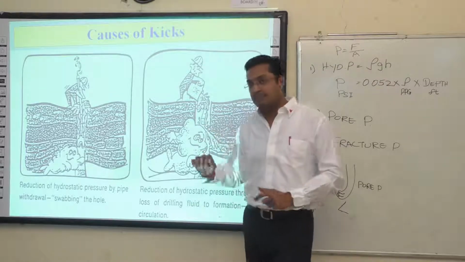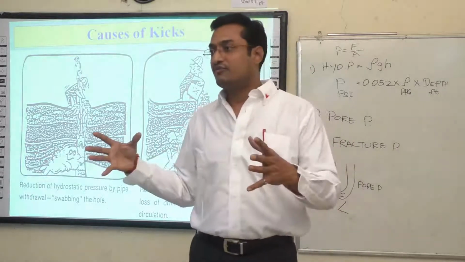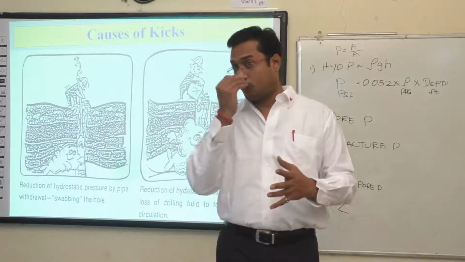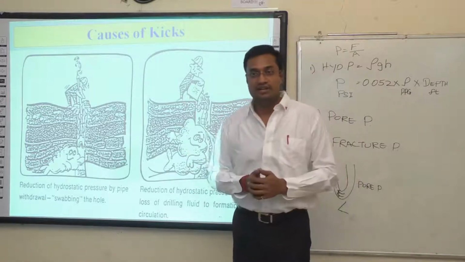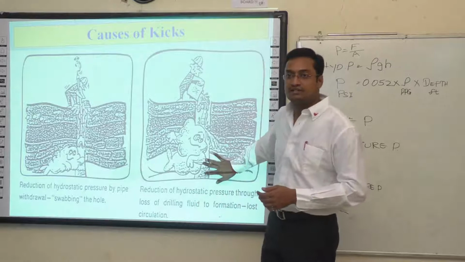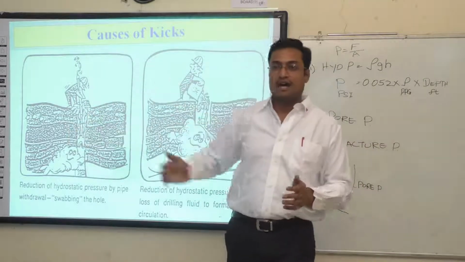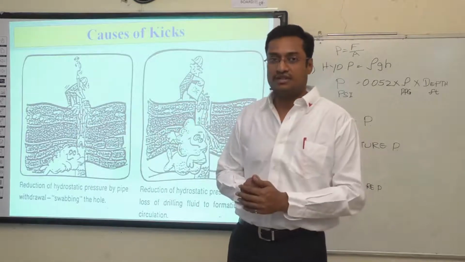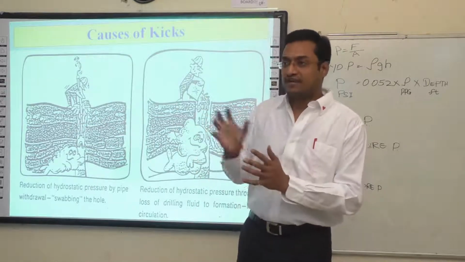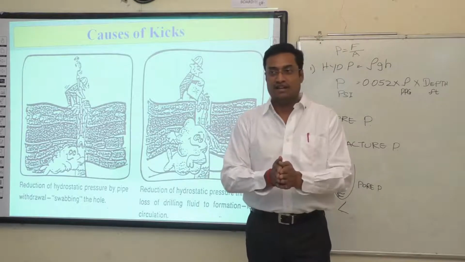This lost circulation may be because of a formation which is already fractured. It is not because of your fault, not because of your negligence. But the formation is such that if you are drilling a well 100 meters away from this place and you have not seen a fractured formation, you cannot take it for granted that it is only 100 meters away from the existing well.